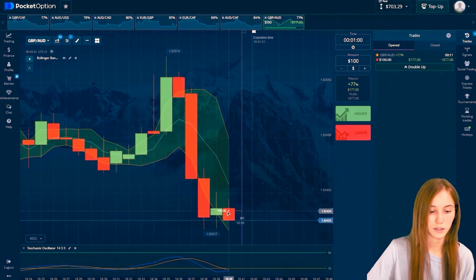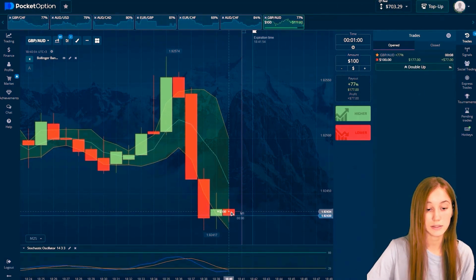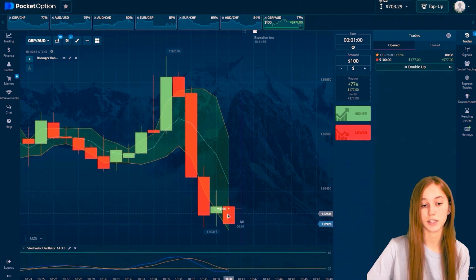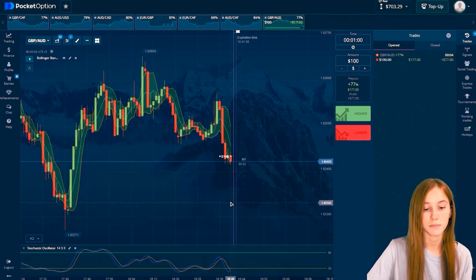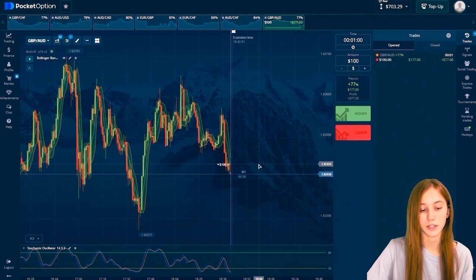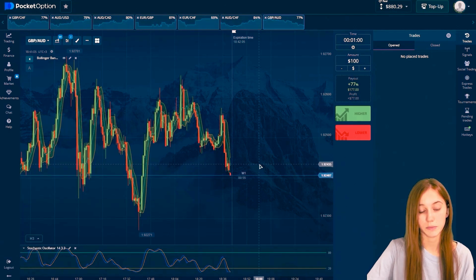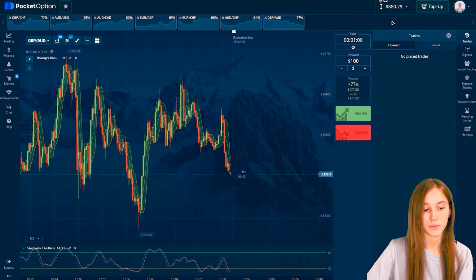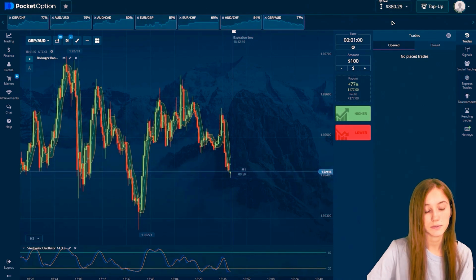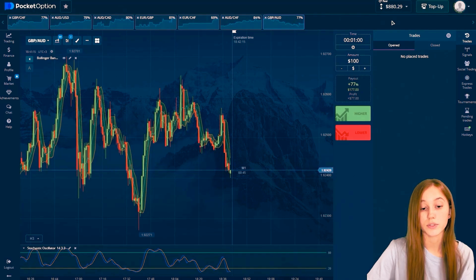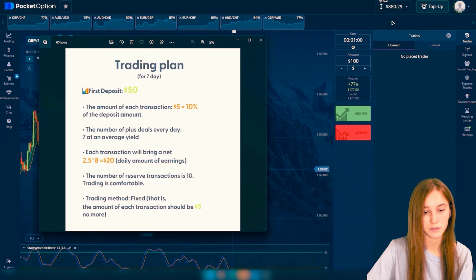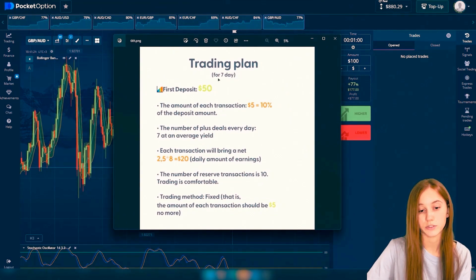So I'll show you this chart. It's a trading plan for 7 days, how you can increase your deposits. You can find this in my Telegram channel. The first deposit is $50. Each deal is $5, which is 10% of the total deposit amount, the sum from which you will trade.